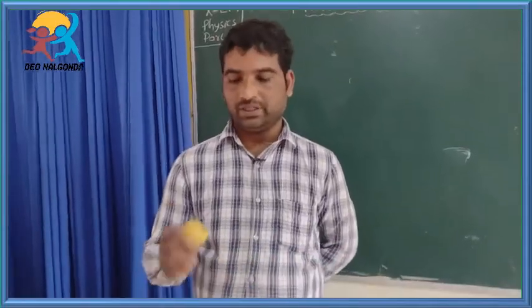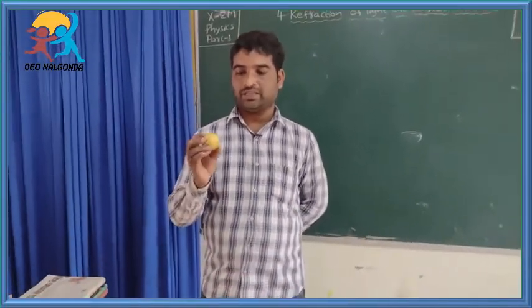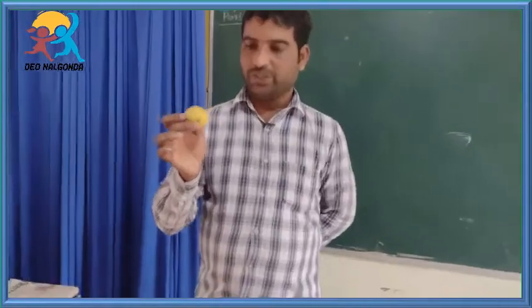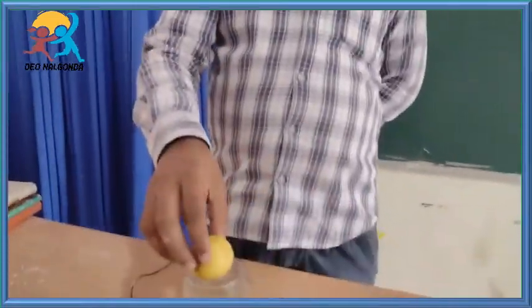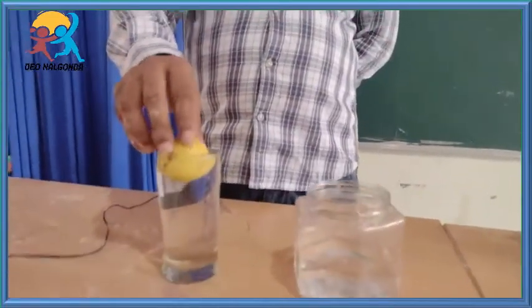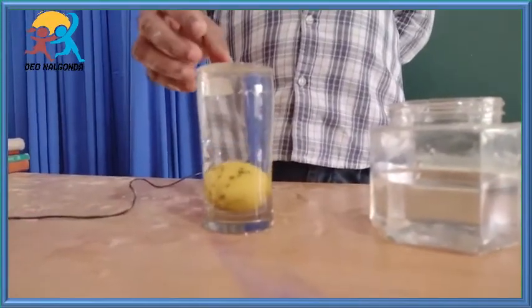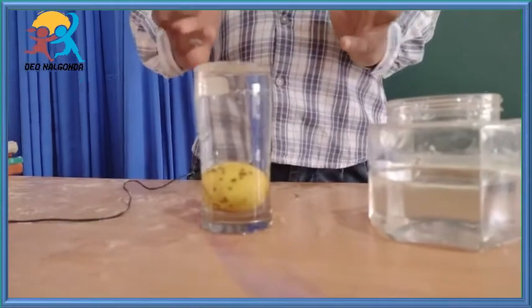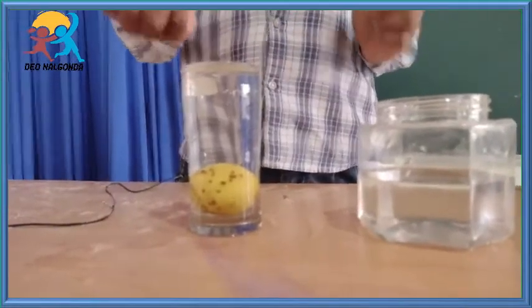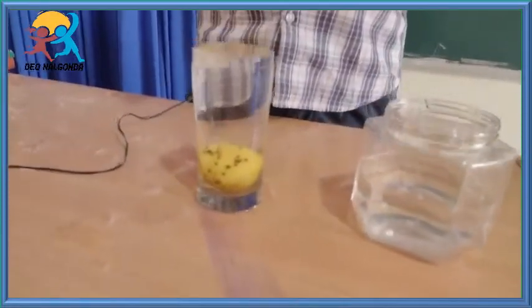Now this is the lemon. Now see the size of the lemon. It is the actual size. When we place it in the glass tumbler which has water, we can see that the size of the lemon is bigger than the actual size.